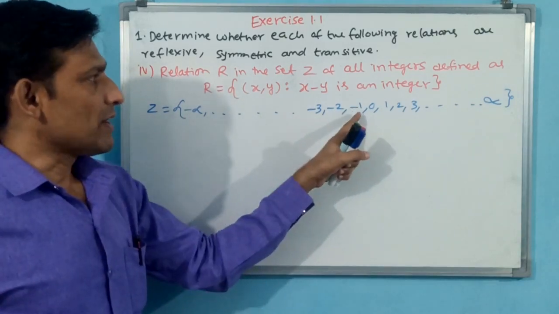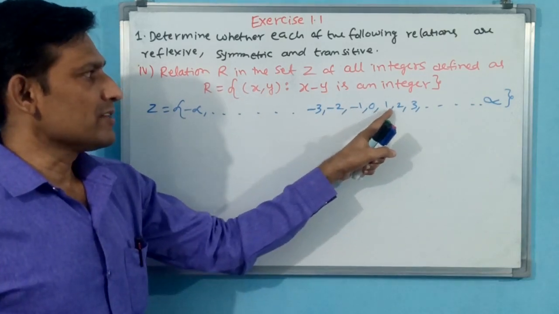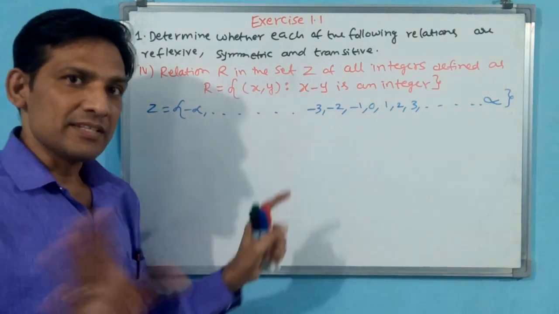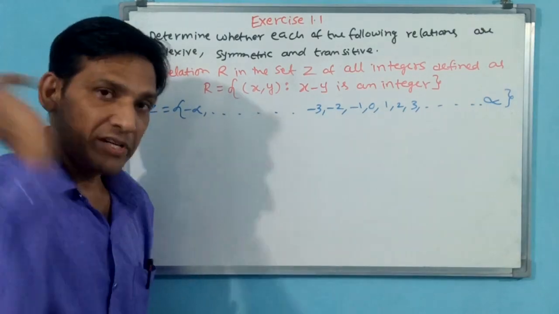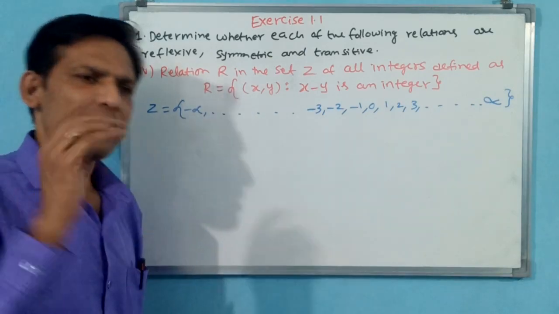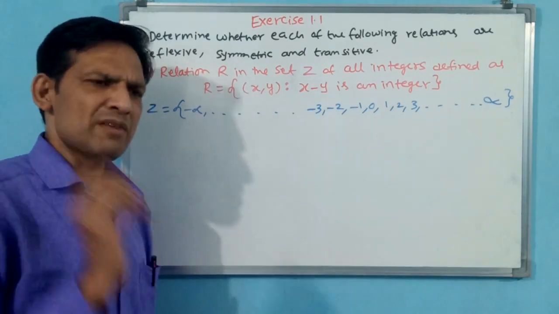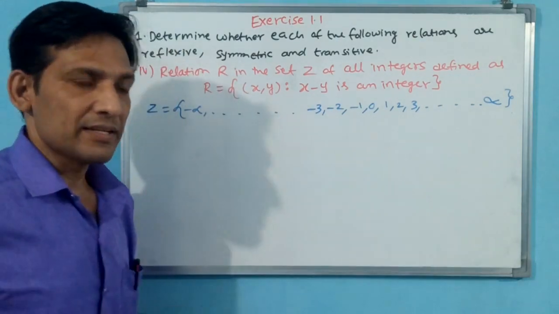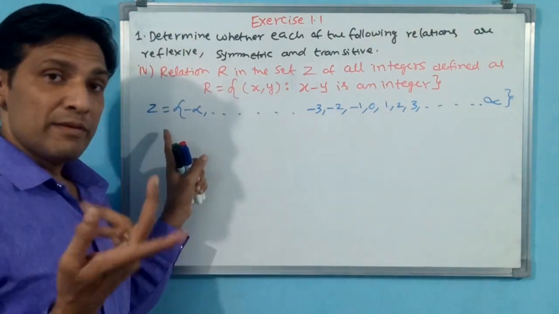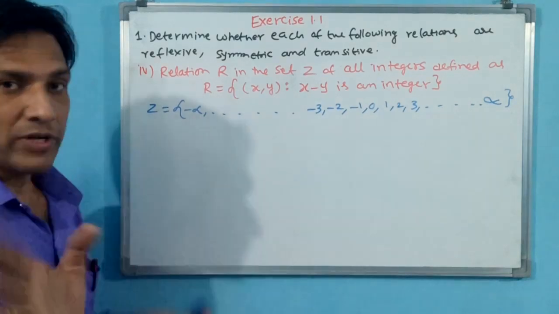In integers, between 1 and 0 or 1 and 2, nothing is there. But for real numbers, between 1 and 2, several numbers are there. 1 by 2 is there, 1 by 3, 1 by 4, 1 by 18, 1 by infinity. That means infinite numbers are there. That is why real numbers and integers should not be confused.